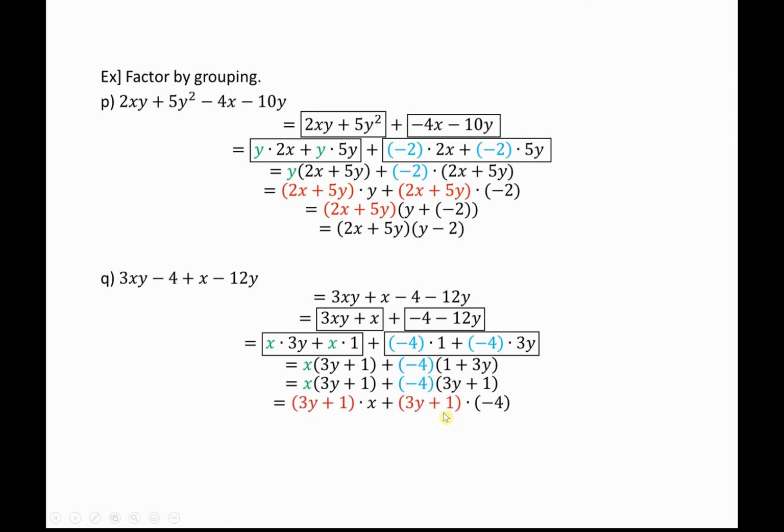Now I feel confident about isolating the now explicitly common binomial factor of 3y plus 1. Pull it out to the front. We have x plus negative 4 in the other binomial, call it x minus 4, and then you're done. So in these examples, I hope I'm able to show you some of the weird caveats you might have to consider in your factoring by grouping endeavor.